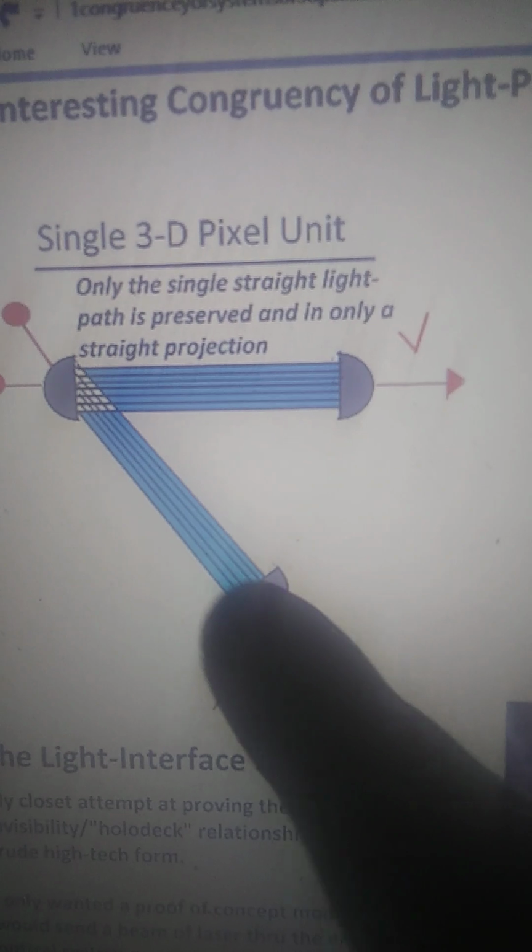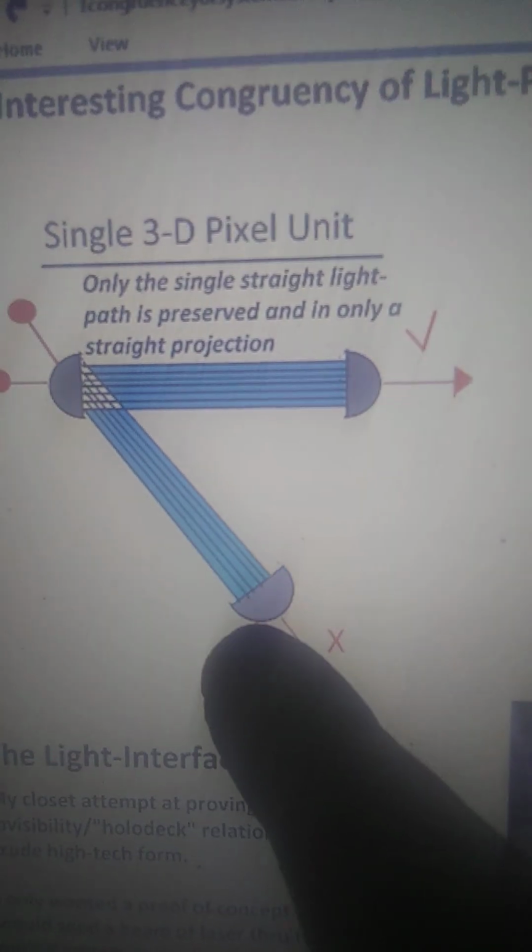But I think it's interesting that a single strand only preserves a straight line projection, and a bunch of them working in unison around a common center creates a sort of sphere of radiation of light going in and coming out at all angles.